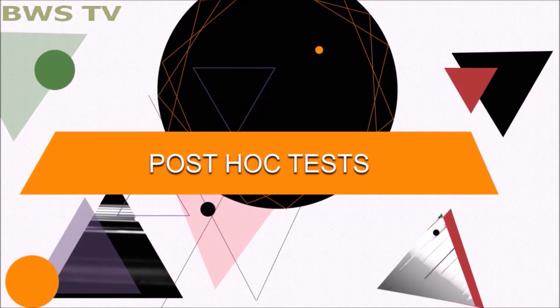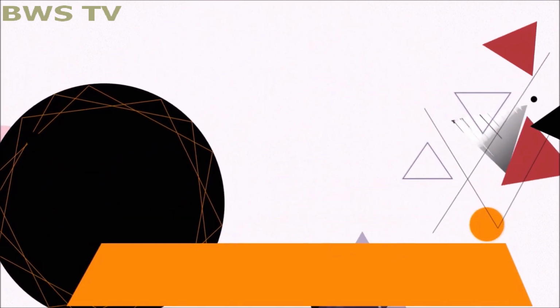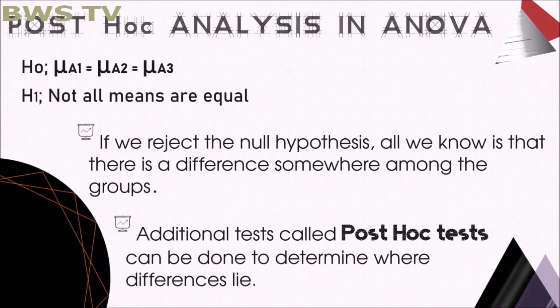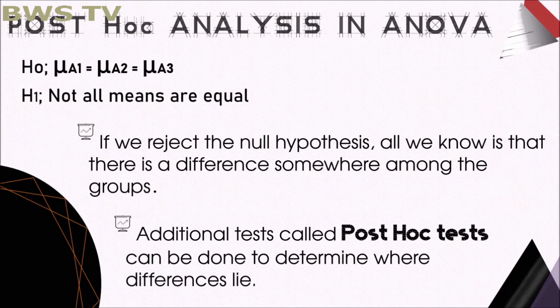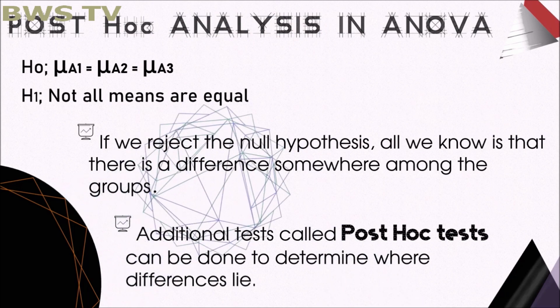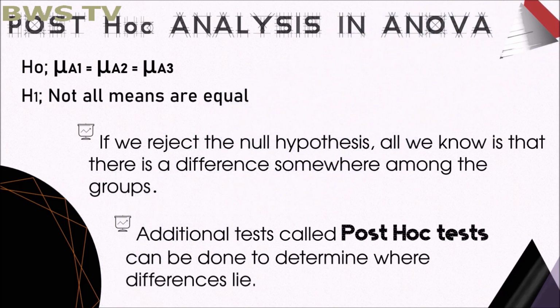Now we have post hoc tests. Now we have post hoc analysis. After you do an ANOVA, you might do something called a post hoc analysis. Remember, if we reject the null hypothesis, all we know is that there's a difference somewhere between our groups.